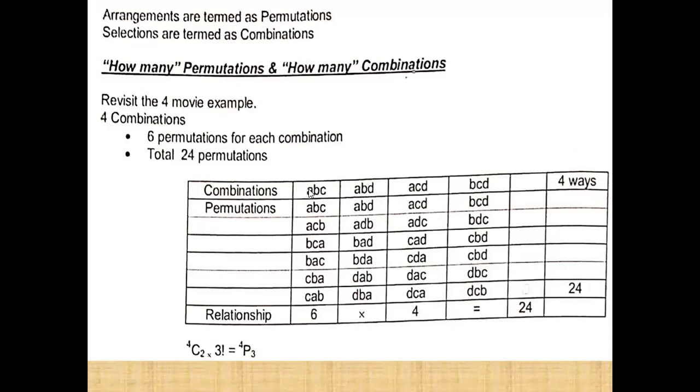If you solve 4C3, it comes out to be 4 ways. And if you go for arrangement, 4P3 comes out to be 24. So this is the basic difference between permutation and combination.